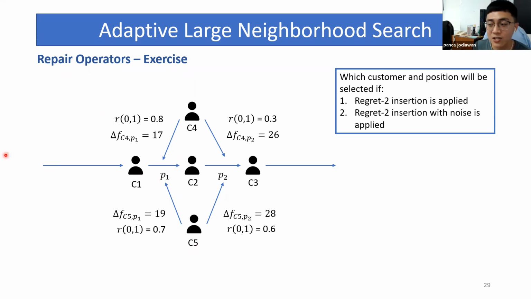Dr. Arfin, I will explain it a bit further because I put some new aspects here. You calculate the regret cost, 26 minus 17, it should be 9, right? Sorry, it's not the C5.